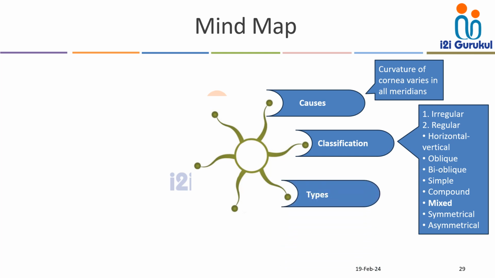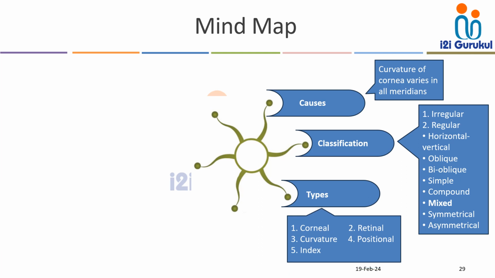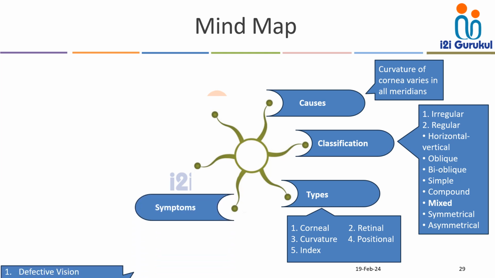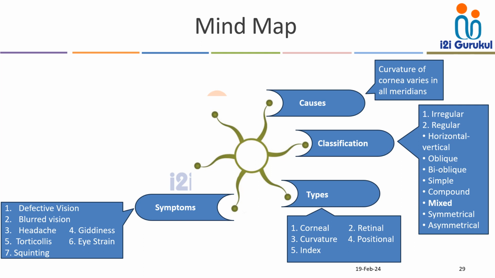That means a corneal change in curvature or refractive index, retinal change, and positional change of the lens can cause astigmatism. And then we moved towards the symptoms: defective vision, blurred vision, headache, giddiness, head tilt, eye strain, and squinting. These are the common symptoms you will be hearing from the patients.